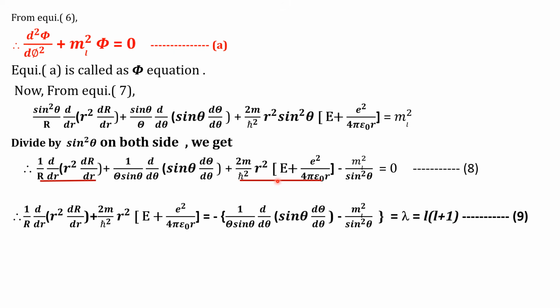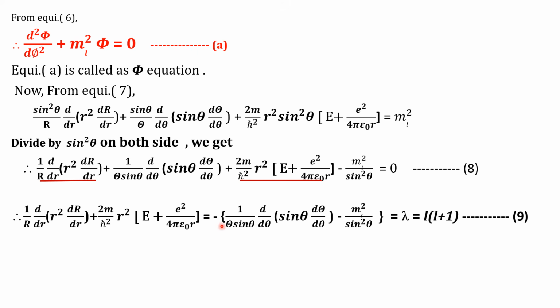Hence, the first and third terms we keep on one side: 1/R d/dr(r² dR/dr) + (2m/ħ²) r² (E + e²/4πε₀r). This is one side, and the second and fourth terms we keep on the other side.